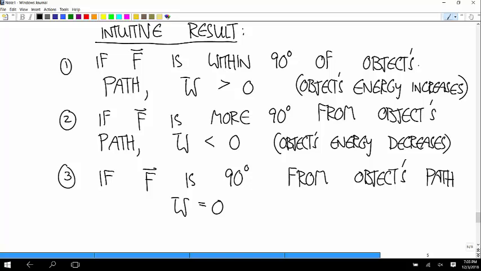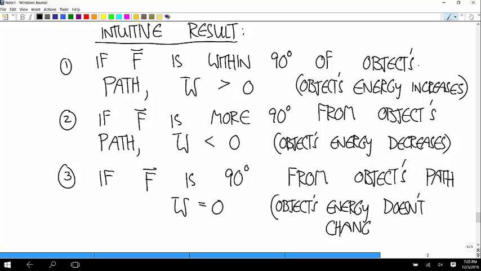And if work is equal to 0, the object's energy stays constant, it doesn't change. Okay, so that's all you have to know about work.